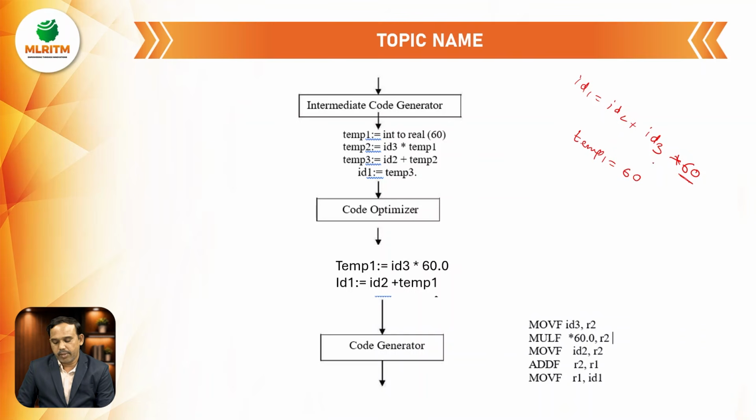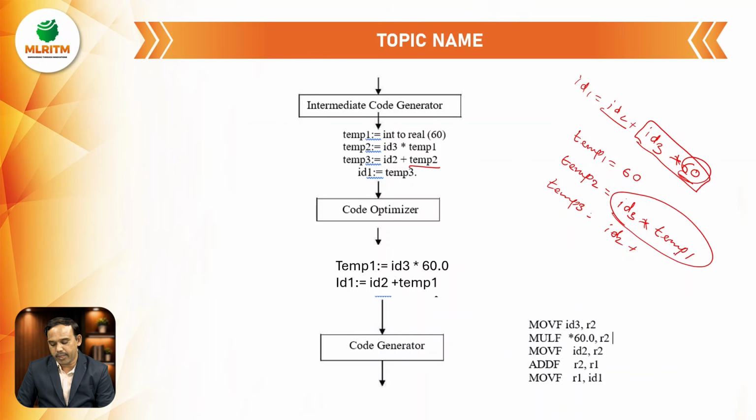Now take one temporary variable; the constant value is copied to the temporary variable, temp1 equal to 60. Then evaluate id3 and the temporary variable: temp2 equal to id3 multiplied by temp1, so the 60 is stored in temp1. Then temp3 equal to id2 plus temp2, and finally this entire result is copied to id1, id1 equal to temp3.